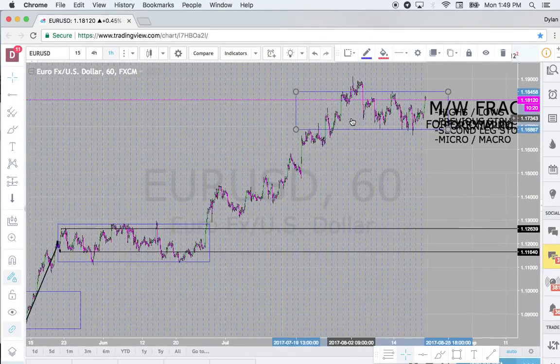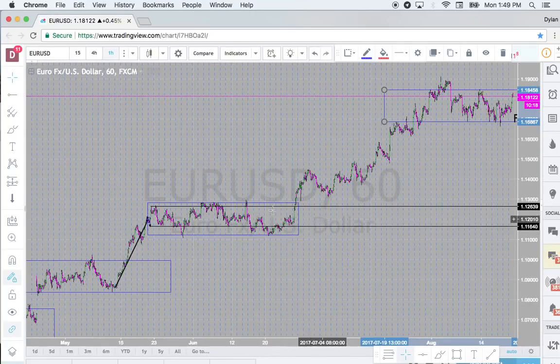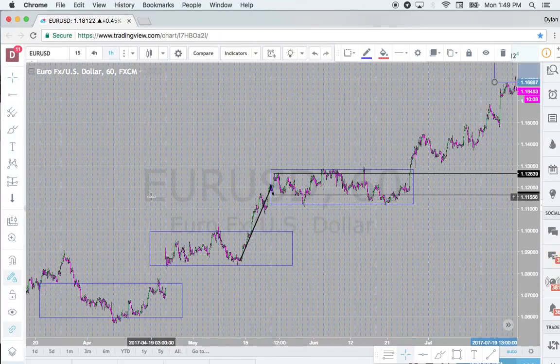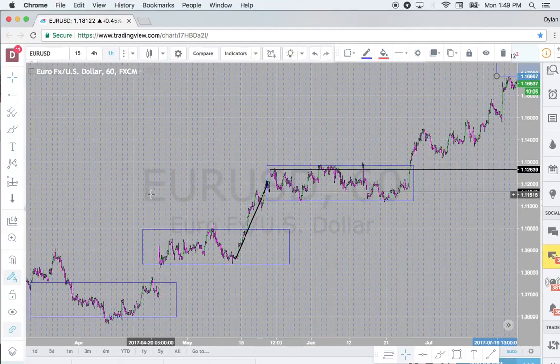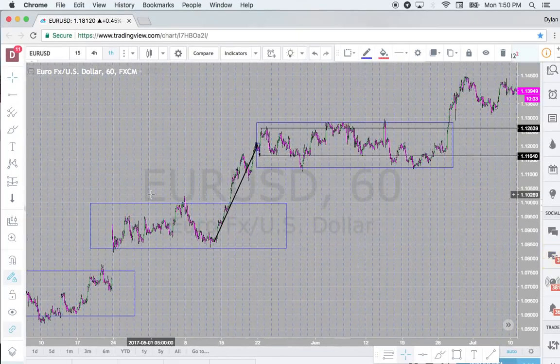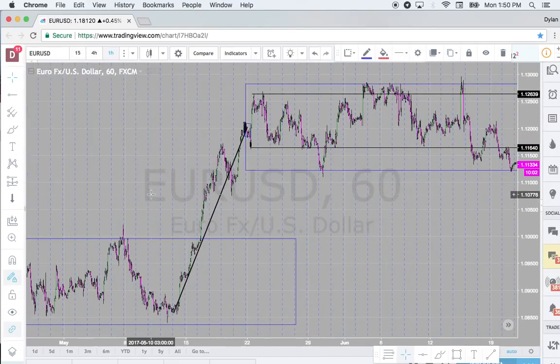So we can see the market will consolidate and then move into its next zone before consolidating once more and then moving into another zone. If you want to learn more about that, we have a video on zone hopping. Feel free to check that out.